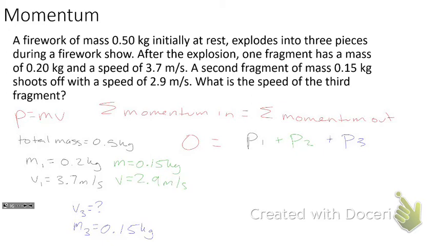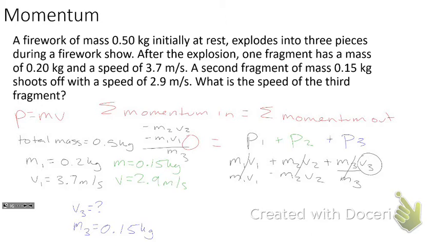Now that we have all of this, we will solve for V3. Remember, this will go M1 V1 plus M2 V2 plus M3 V3. We are looking to solve for V3, so you will subtract M2 V2 and M1 V1 from both sides, and then divide by M3 to get our V3.